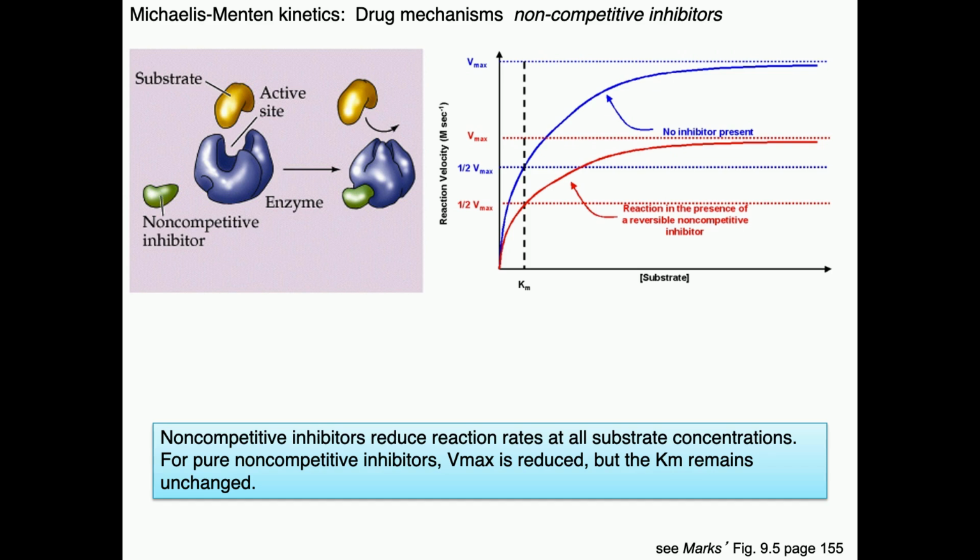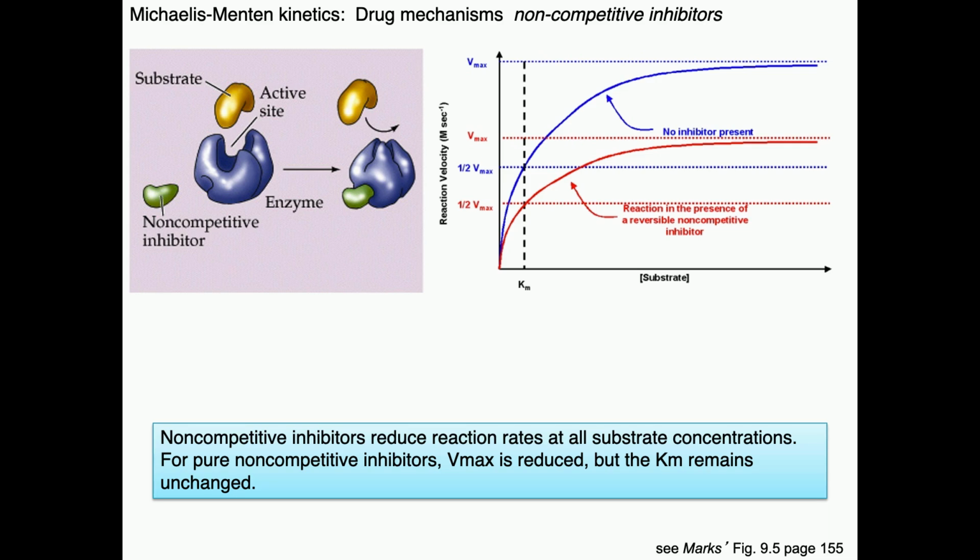Kinetically, the non-competitive inhibitors have the effect of decreasing the Vmax. Okay, they don't affect substrate binding, except the suicide inhibitors, right? But you can't just keep dumping more and more substrate on and eventually reach the Vmax.